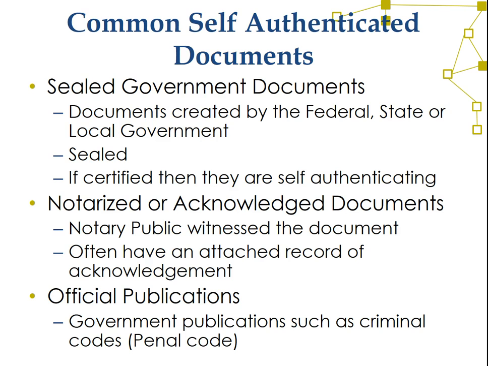So births, deaths, marriages, and divorces are usually established by certified copies. Prior convictions are also introduced into evidence by producing a certified copy of the original court record of conviction. And then, like a death certificate or a birth certificate. So all of these are those.